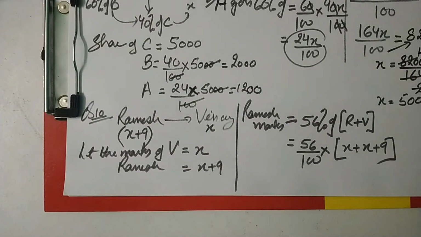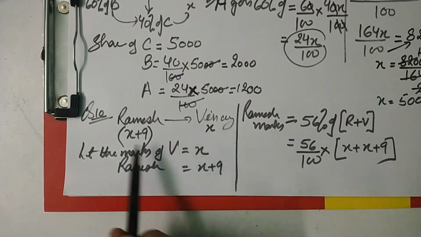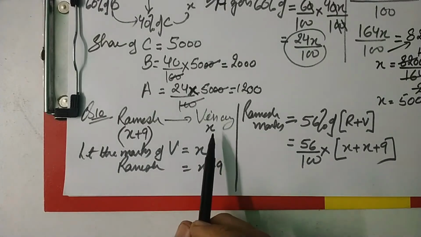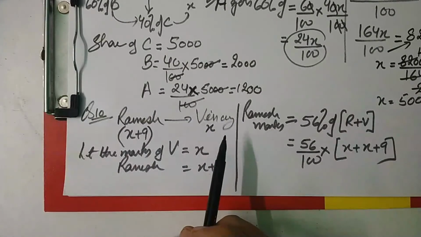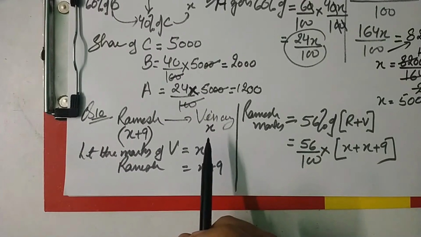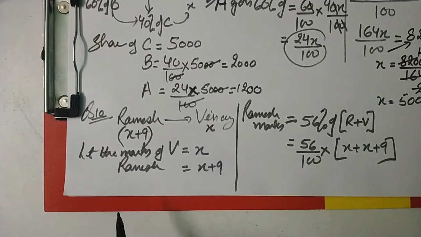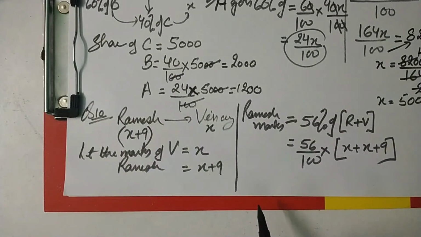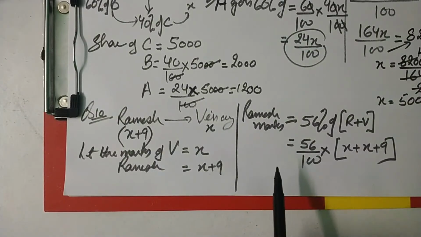In an exam, Ramesh got 9 more marks than Vinay, so he has got x plus 9. Vinay's marks we have supposed x, and Ramesh marks were 56% of the sum of the marks obtained by both. So what are Ramesh's marks? Ramesh's marks are x plus 9.